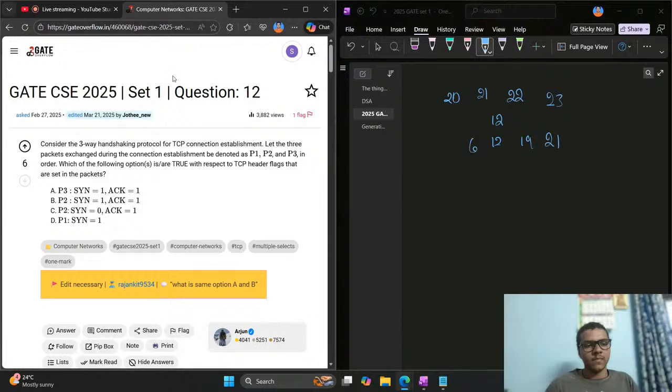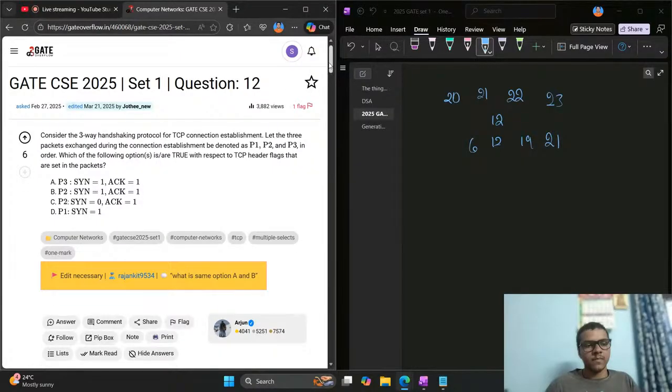Three-way handshaking protocol for TCP connection establishment. 3 packets. TCP header flags, okay.